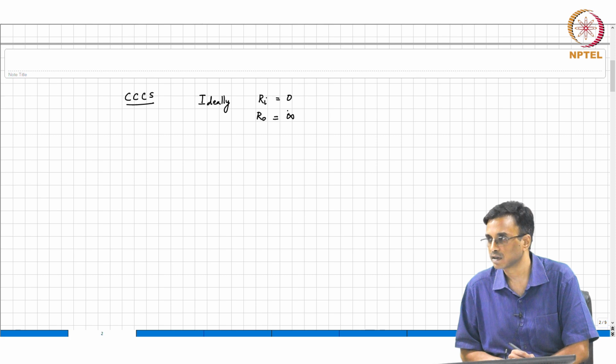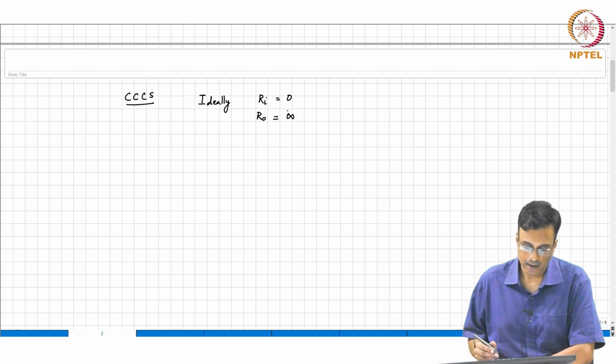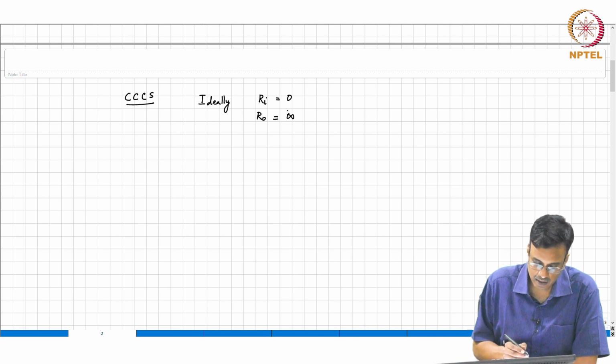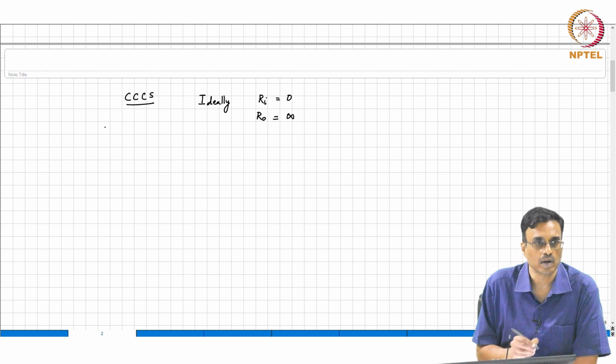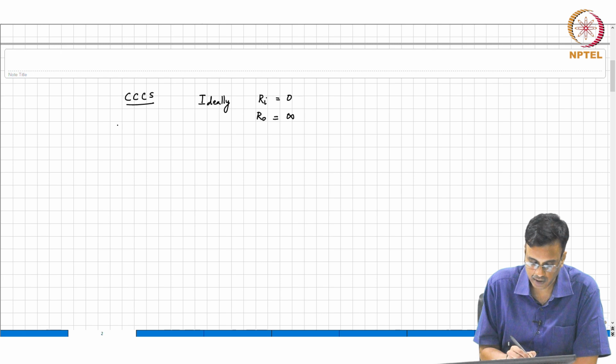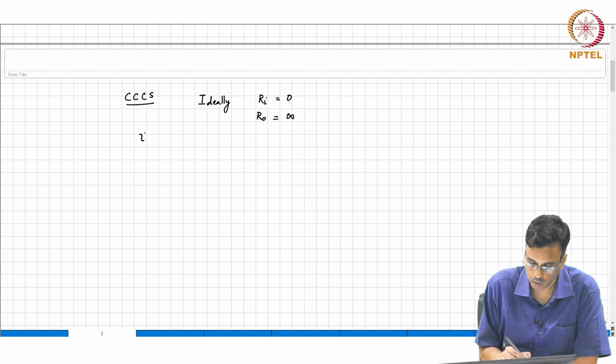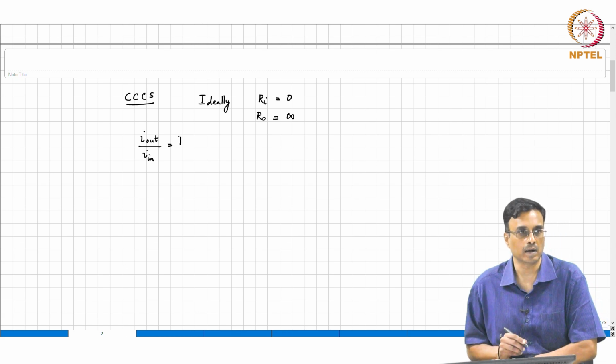And so, when you say I have a current controlled current source, the only number that you need to specify is the gain, and for reasons that will become apparent going forward, let us first try and attempt to realize a controlled current source with an incremental gain of 1. So, I out by I in must be equal to 1.